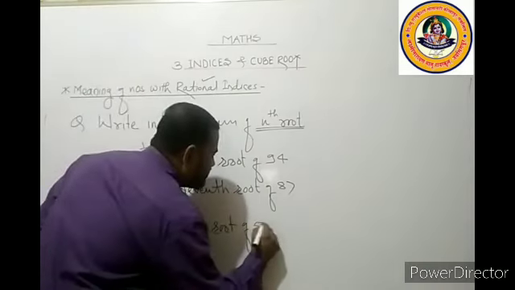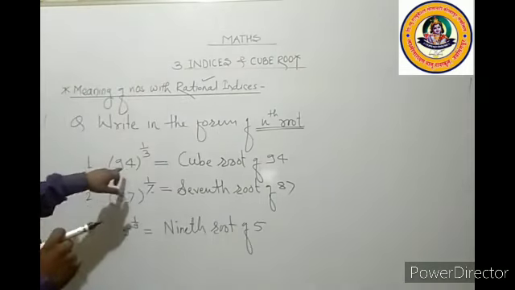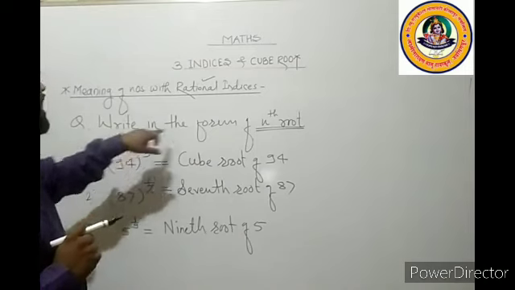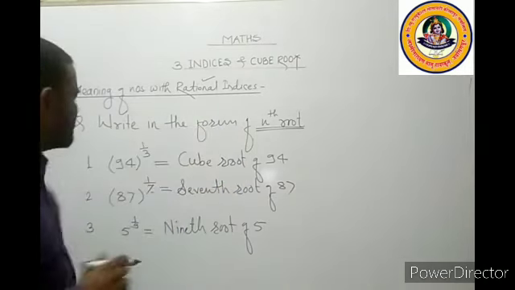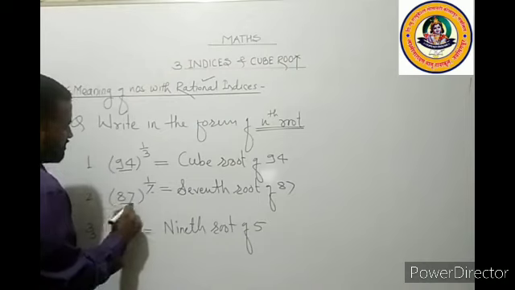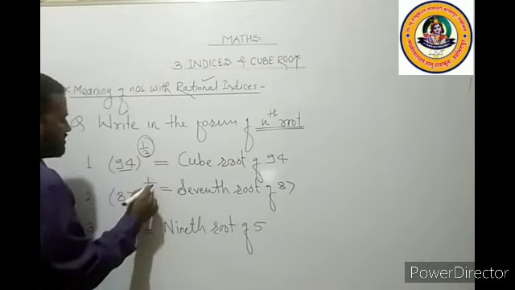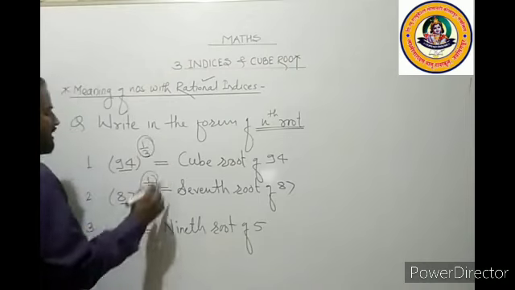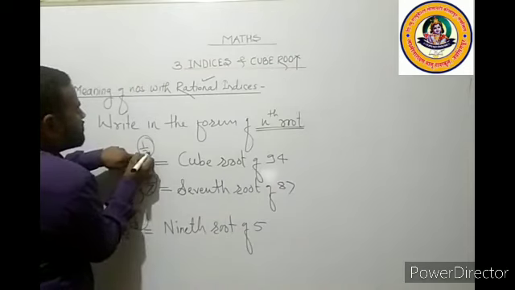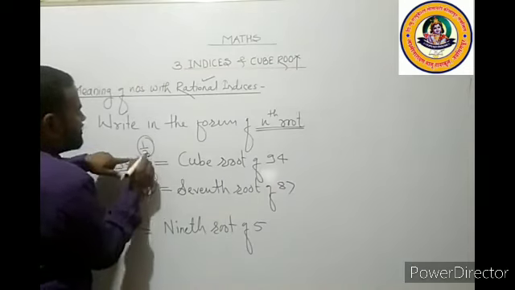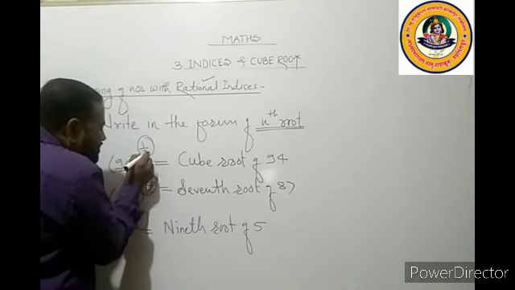5. That means if the example is given and we write in the form of nth root, this is the base, these are the index, and this is the denominator. If it is third, we say it is the third root.